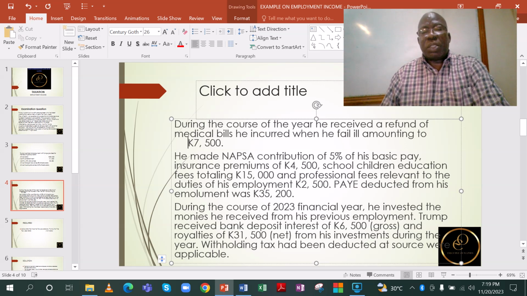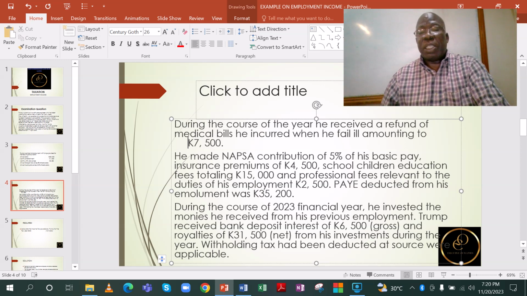During the course of the 2023 financial year, he invested the monies he received from his previous employment, and we are also told that Trump received a bank deposit interest of 6,500 gross and royalties of 31,500 net from his investments during the year.